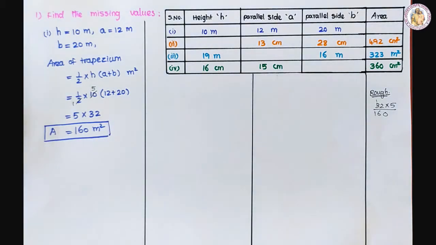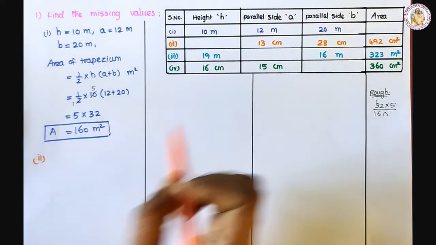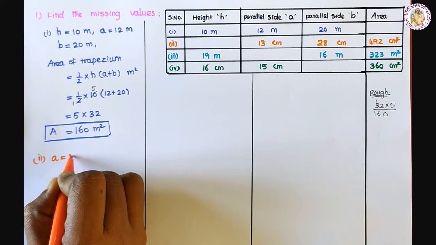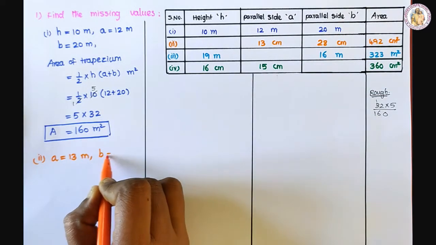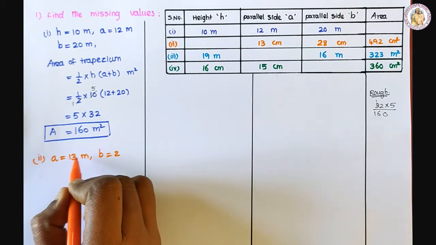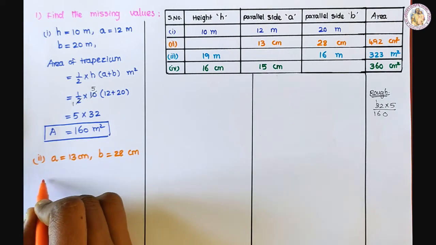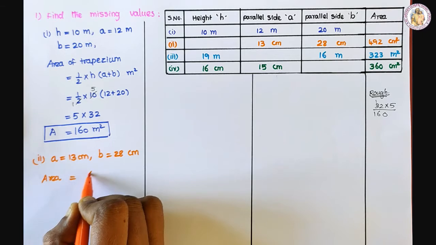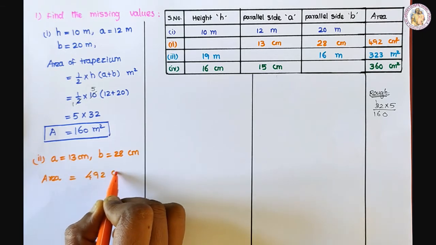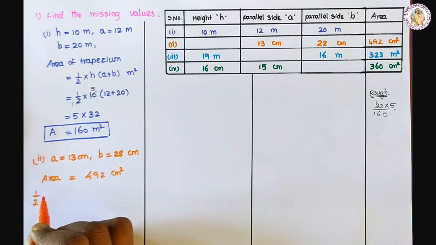Next one, a equals 13 centimeter, b equals 28 centimeter, and they have given area equal to 492 centimeter square. We have to apply the formula.